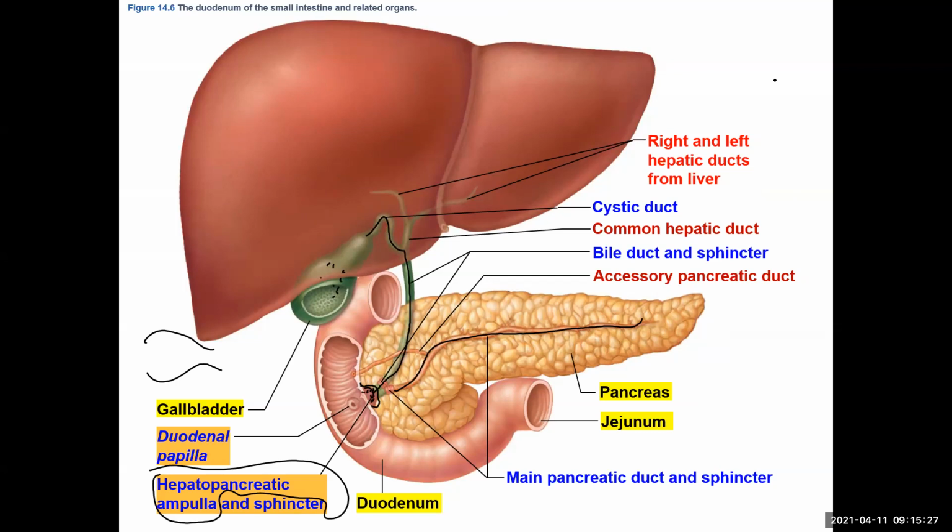This is the first part of the small intestines, then duodenum, jejunum, and ileum. The duodenum is the most active part, where all the digestion takes place. Then as the food moves, it gets slowly absorbed. We spoke about villi and microvilli, remember? How it's absorbed there and sent to the blood. You understand? So the pancreas is very, very important.